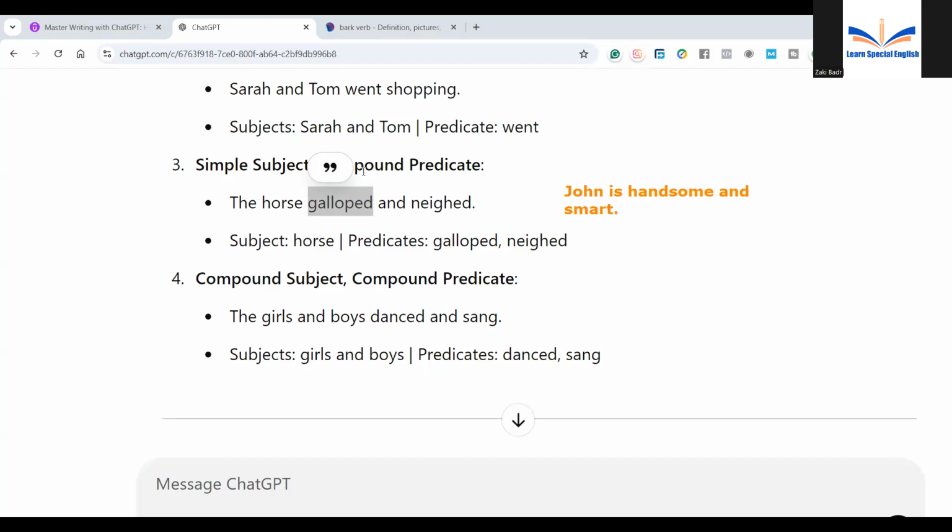Here, handsome is an adjective, and smart is also an adjective. So and can combine any words: noun and noun, verb and verb, adjective and adjective. It's a very useful conjunction. But remember, the verbs usually come after the subject. So here is the subject, here is the first verb, and here is the second verb.